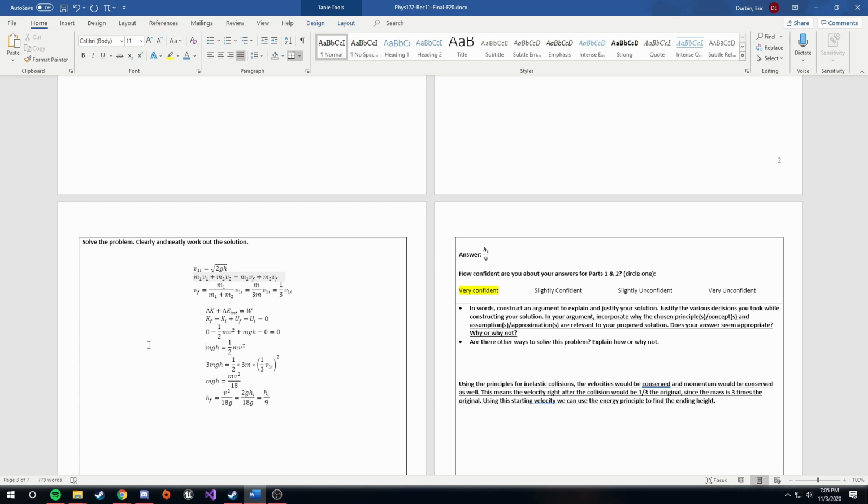The one you mentioned, mass 1 minus mass 2 divided by mass 1 plus mass 2, was from an elastic collision. This is an inelastic collision, which reduces the number of equations we have to keep track of. And there's another one that's 2m over m1 plus m2. Is that one also elastic? That one is also elastic.